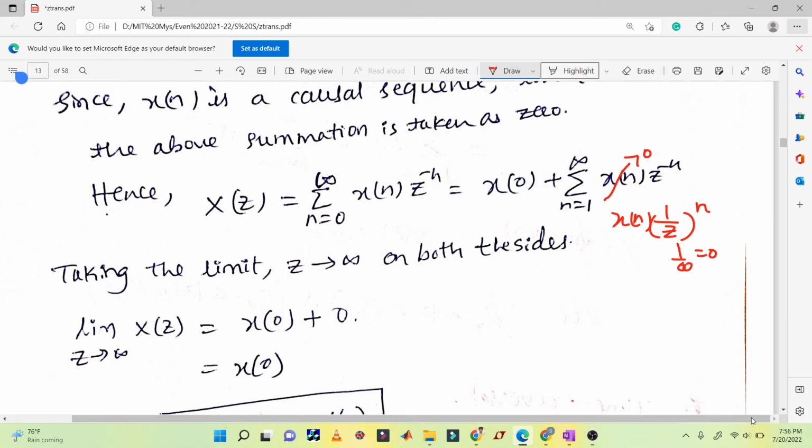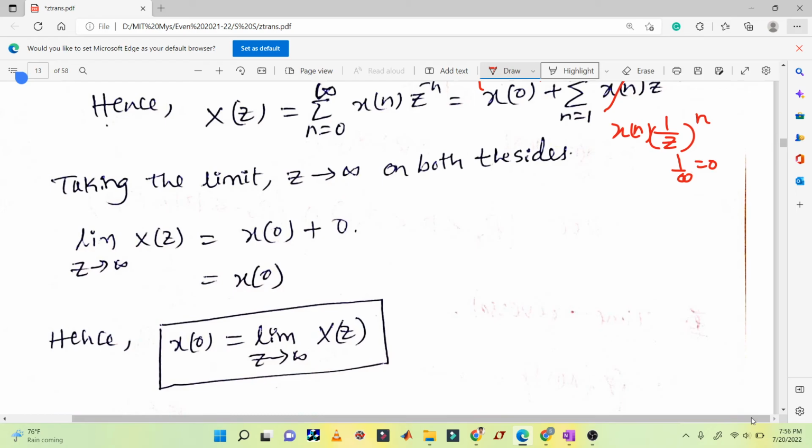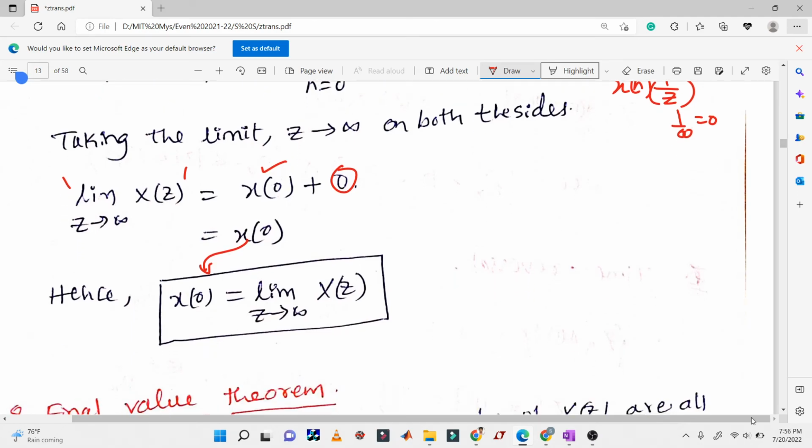So this term will become 0, whereas this value x of 0 is independent of z, so it will remain. So we can rewrite this equation in the other order, that is x of 0 is nothing but limit z tends to infinity x of z. This is our initial value theorem.